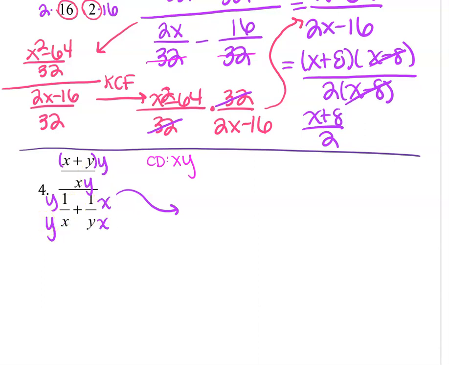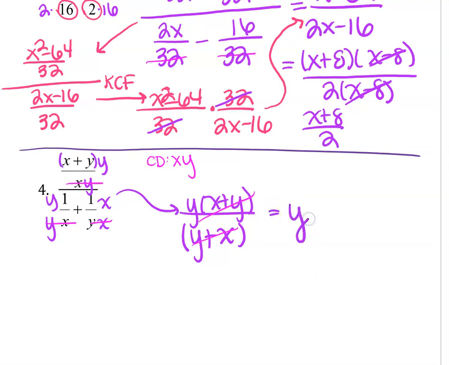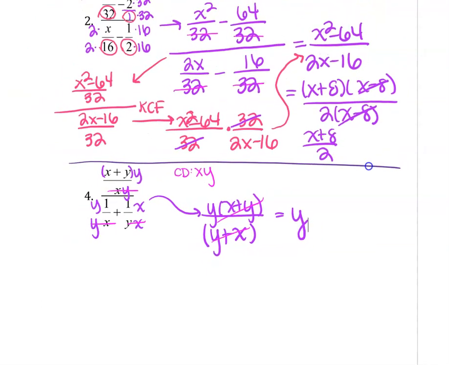Let me change my color. So in the numerator, I have y times x plus y all over y plus x. Those are opposites with addition, so they're going to reduce to 1, and we're left over with a final answer of y. Okay? And that is how you would do complex fractions.